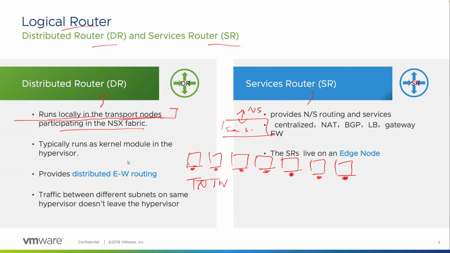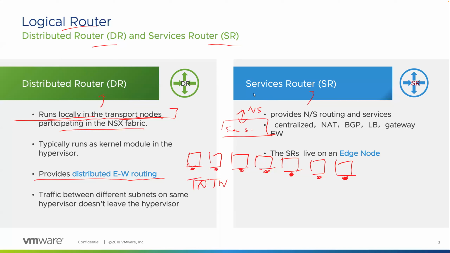This function provides distributed east-west routing, and we'll get into this in a couple of minutes.